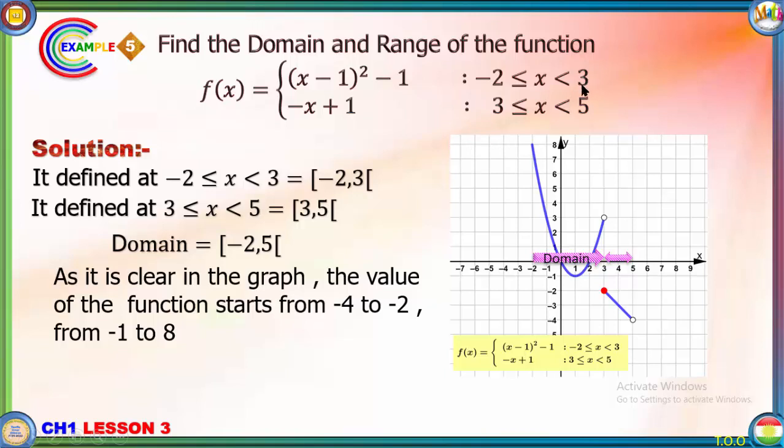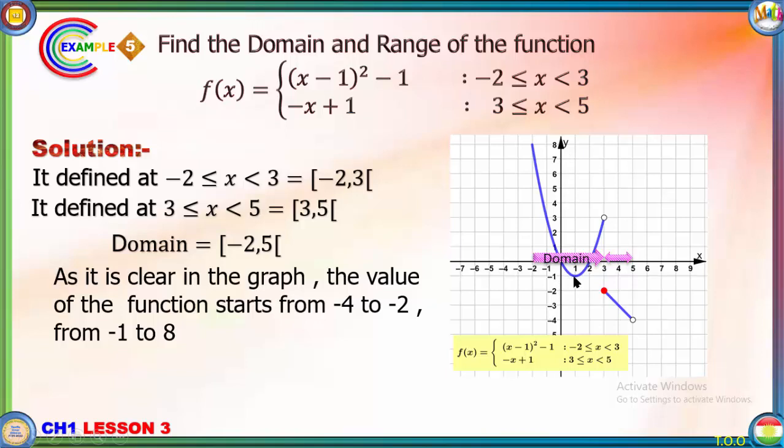And if you replace x with 3 here, you can see that -3 plus 2 is -2. Then the function is defined here. And if we replace x with 5 here, you can see that -5 plus 1 is -4. That means the values of the function are from -4 to -2 and from -1 to 8.